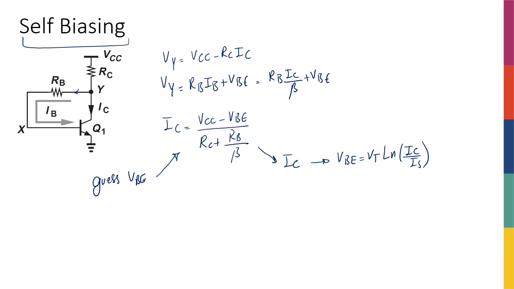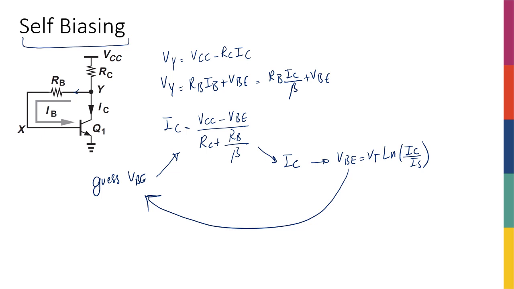And then we calculate the new VBE, and then we reiterate until we get the accuracy that we want in our calculation. Okay, so there's nothing new in terms of circuit analysis here. It's just another way to bias our circuit.